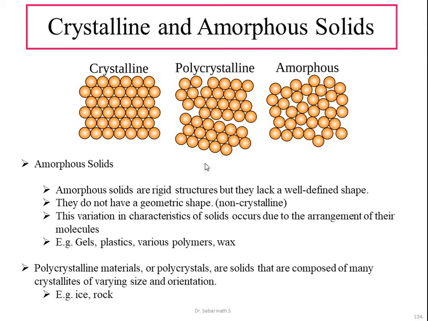In more detail, this is crystalline and this is amorphous, and an intermediate one is polycrystalline. Before going into polycrystalline, let us look at amorphous solids. Amorphous solids are rigid-like structures, but they lack a well-defined shape because they do not possess this peculiar arrangement.